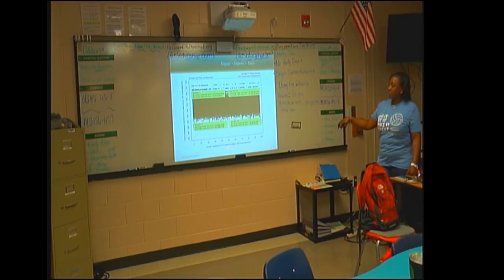So if we were to take this information and split it into 4 quadrants, this quadrant shows students who have high achievement and high growth. This quadrant shows their achievement is low, but they're still growing. Then high achievement, no growth. And low achievement and low growth. So if I split this down the middle, we want to move our kids this way.